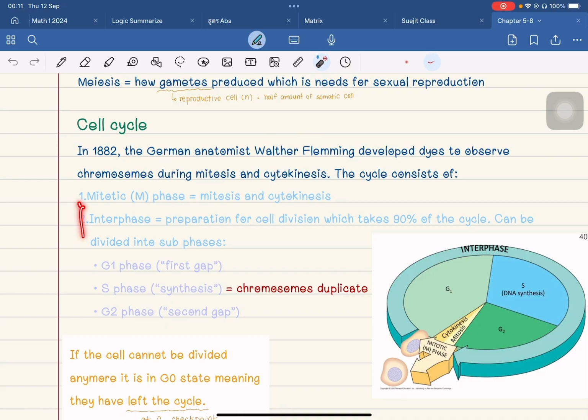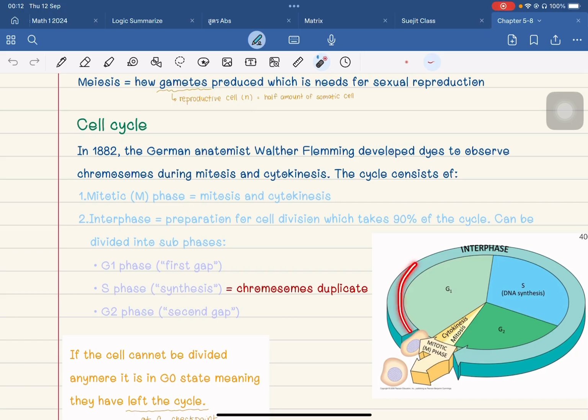Next is interphase, which is the preparation for cell division and takes about 90% of the cycle. It can be divided into G1, the first gap, the S phase, which is synthesis, when the chromosomes duplicate, and the last phase, G2.